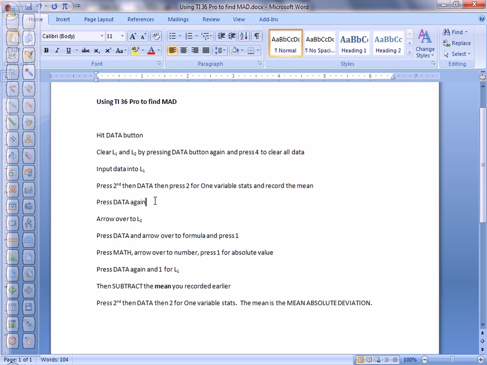Then press 2 for one variable stat. And the mean is your mean absolute deviation. Oh, yes, you have to change it to L2. Change it for L2, and the frequency is still one.